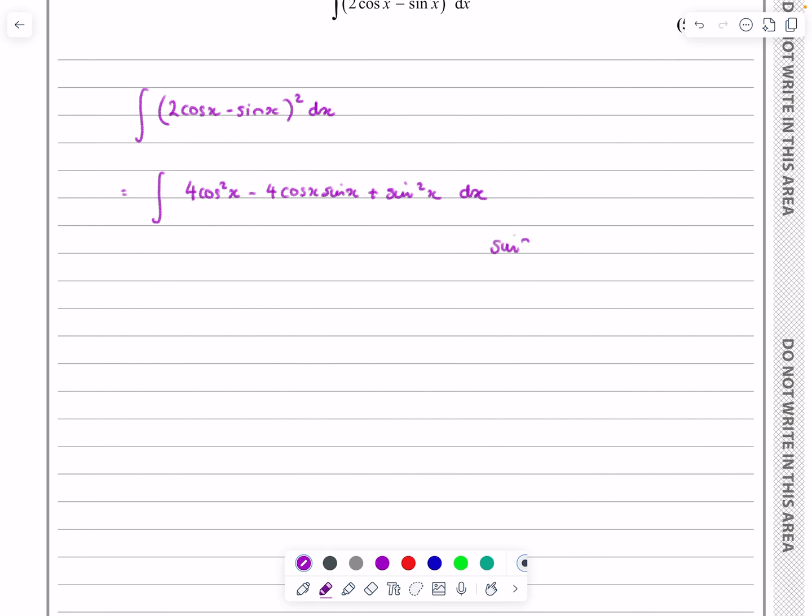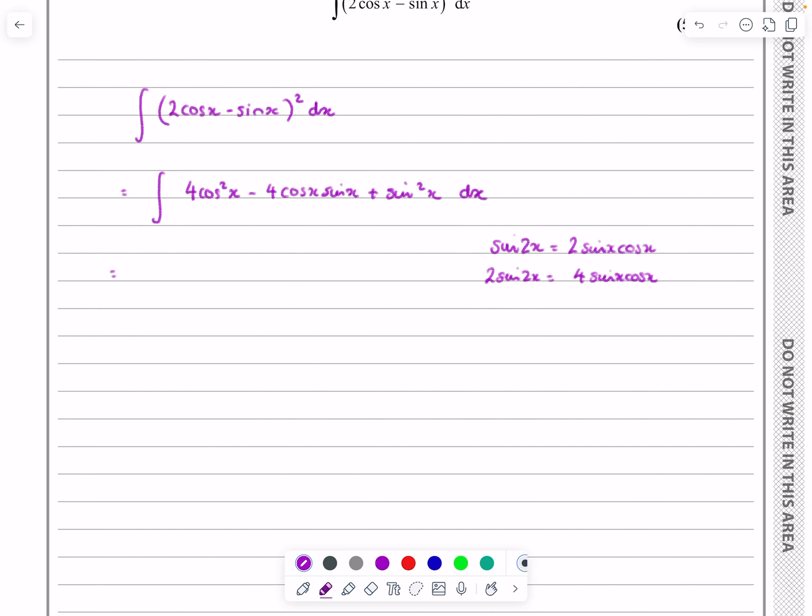If you know that sin 2x is 2 sin x cos x, then it's not a difficult step to see that 2 sin 2x is going to be 4 sin x cos x. So I'm getting rid of this middle part.